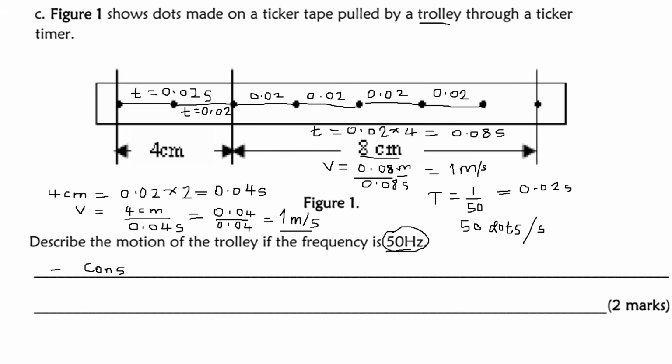Because the speed over the 4 centimeter distance is equal to the speed over the 8 centimeters distance. So it's moving with constant speed.